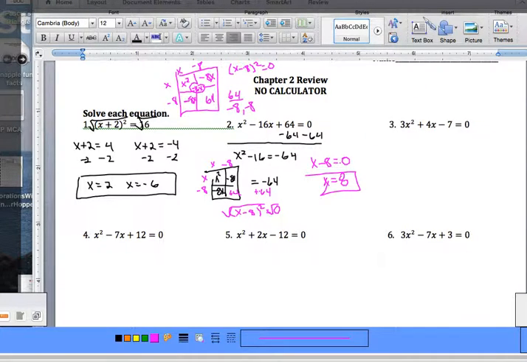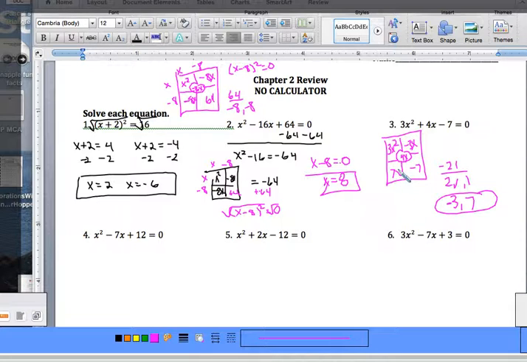So this next one, I don't like that divide by 3 for completing the square, so I'm going to try factoring it. So we have 3x squared, 4x, and negative 7. A times c, negative 21. So 21 and 1, 3 and 7. Well, that'll give us our 4, so that's got to be negative 3. Negative 3x and 7x.